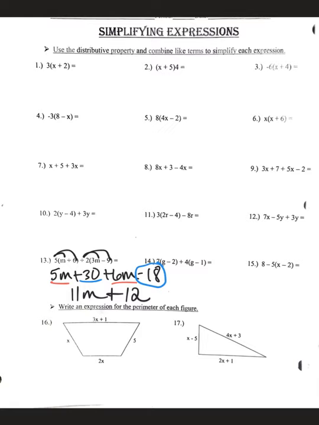Okay, and that's what you'll do on 14 and 15. And then 16 and 17, it says write an expression for the perimeter. Well, you remember from elementary school, guys, that perimeter is the sum of all the sides. So you're just going to add all the sides together with each figure and combine like terms to get a simplified expression.